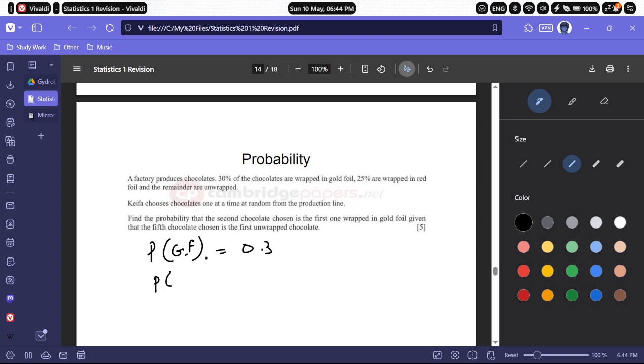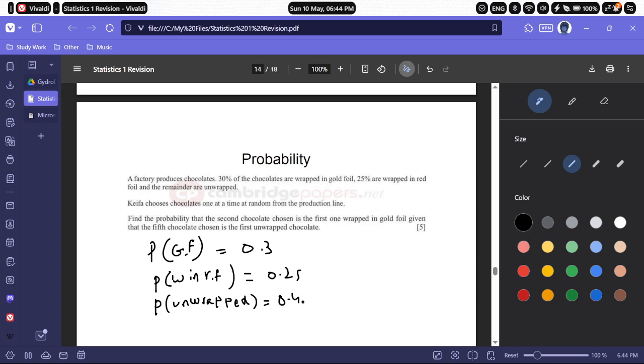The probability of wrapped in red foil is 0.25, and the remainder are unwrapped. So the probability of unwrapped is just 1 minus the probability of the first two: 1 minus 0.3 minus 0.25, which is 0.45.